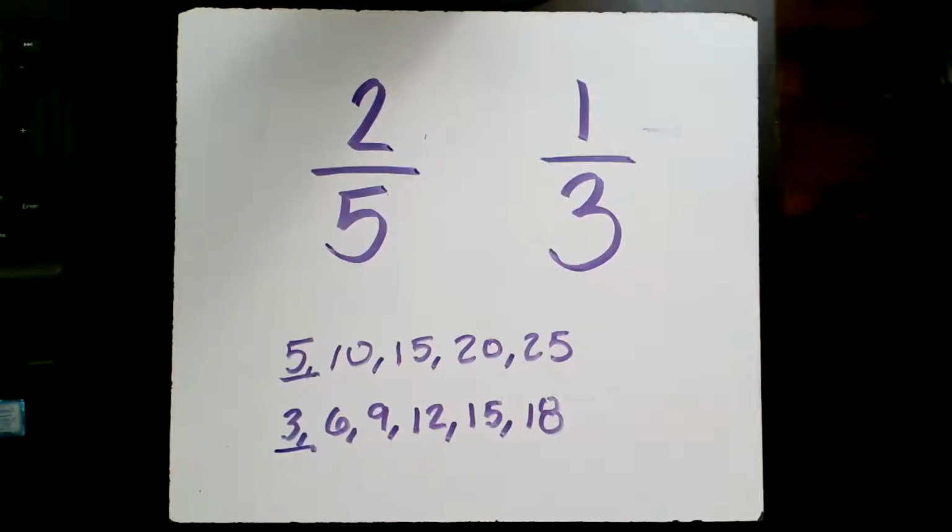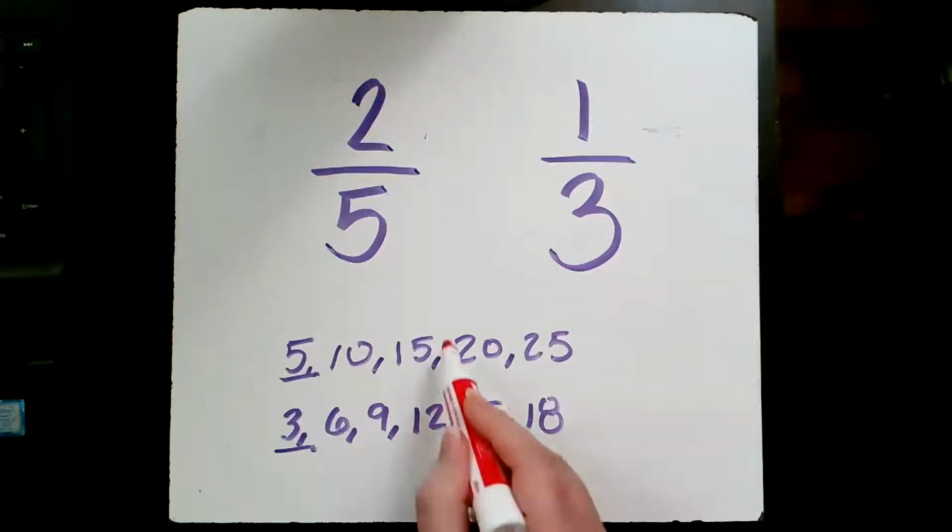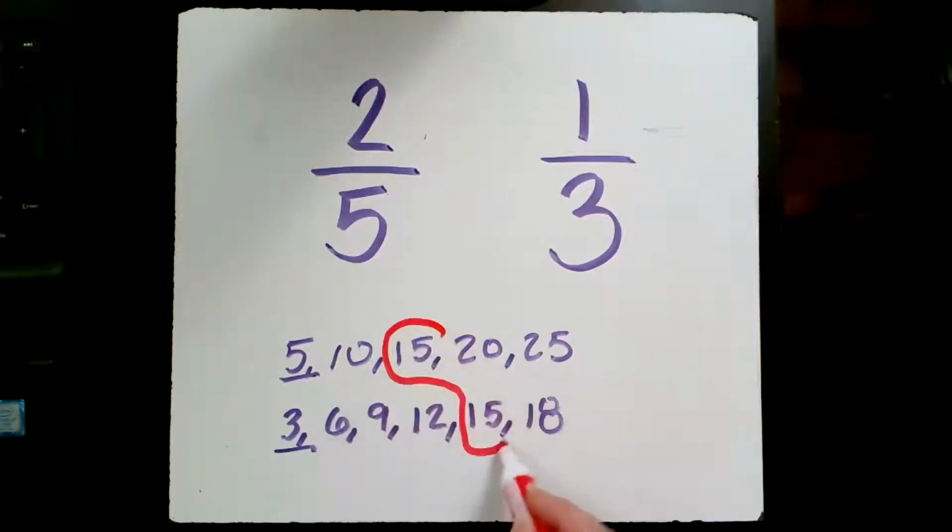So now your task is to see what number they share, or that C in LCM, what do they have in common? And what's the least, the smallest number they have in common? Well, I see here that the smallest number that those two numbers have in common is 15.